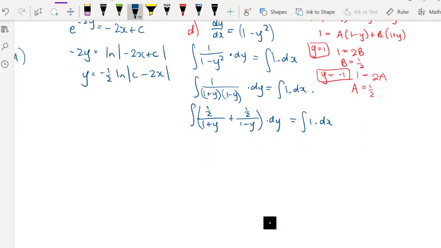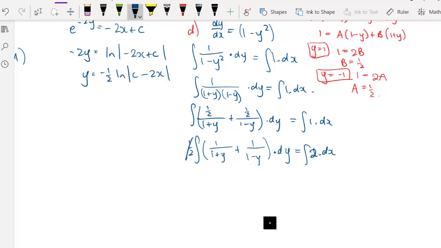We can take out this common factor of 1/2, and we've got 1/2 the integral of 1 on 1 plus y plus 1 on 1 take y dy, equals the integral of 1 dx. It would make it easier to get rid of this 1/2 and just multiply it across. So now we've got 2 dx.